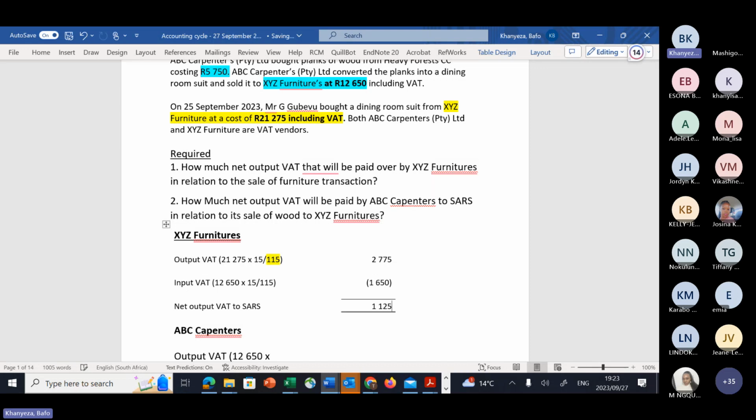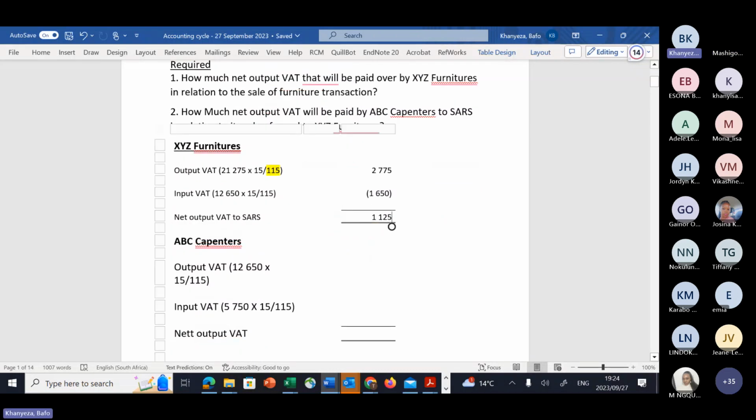If there is a question, we will deal with that question before we do the final leg of this transaction. Is there any question there? There are no questions as yet, Mr. Kanyes. Okay, let's move on now.